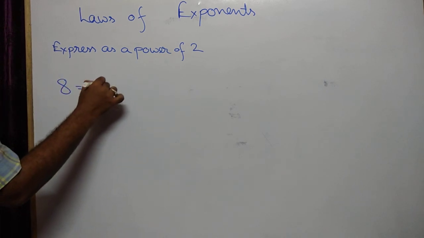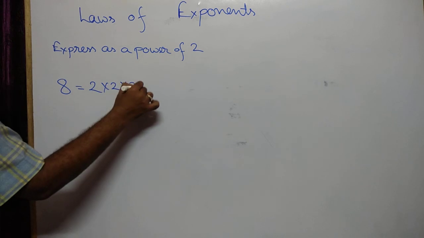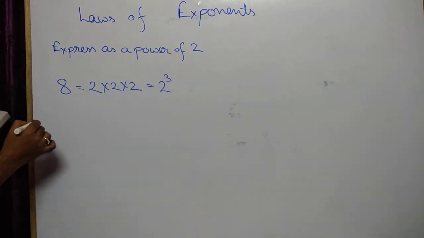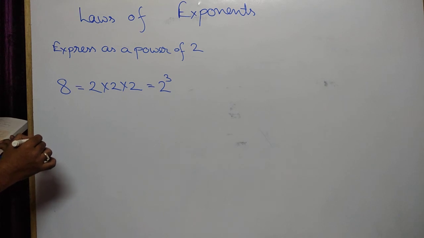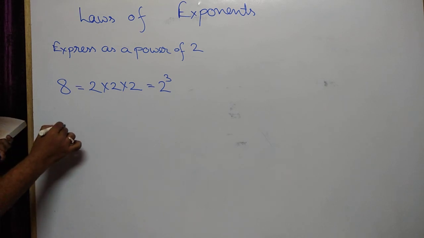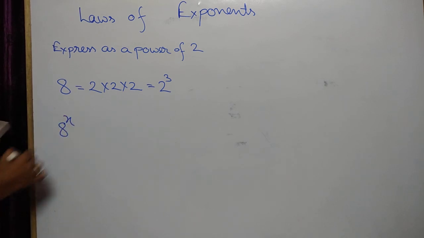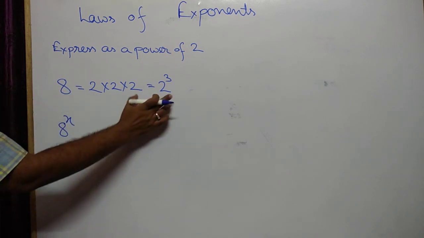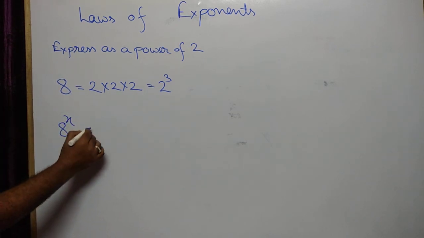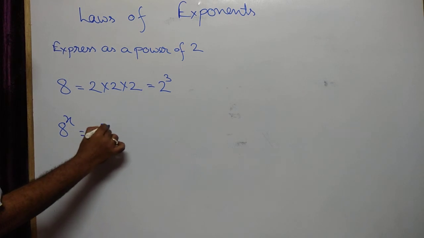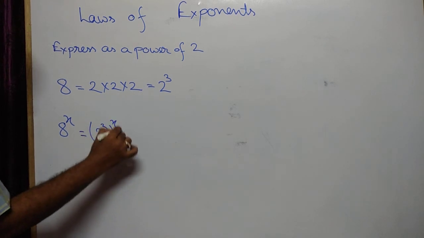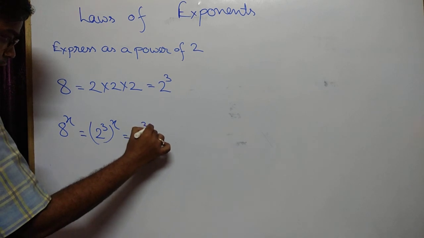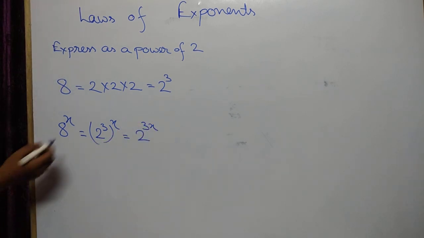It's 2 into 2 into 2, or we can write 2 to the power 3. The next one is 8 to the power x. From this we can write 8 as (2 to the power 3) whole to the power x, or from the laws of exponent, 2 to the power 3x.